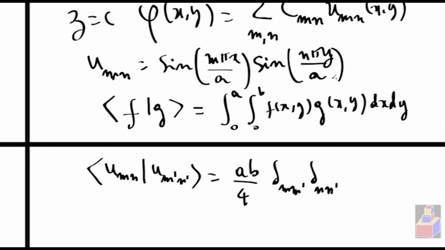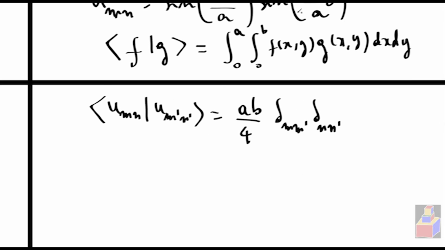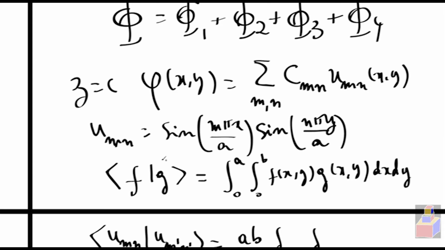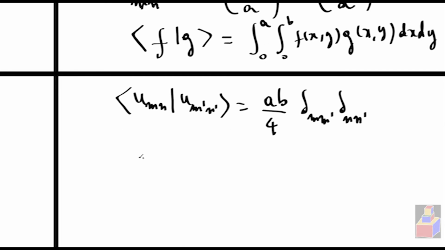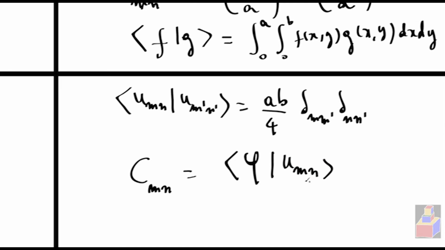So if we do that, we easily determine the coefficients again, right? It's easy to calculate now. Just make a dot product on each side of this expansion with one of the eigenfunctions, and we're going to find that C_mn equals phi dot product with u_mn, divided by AB over 4.